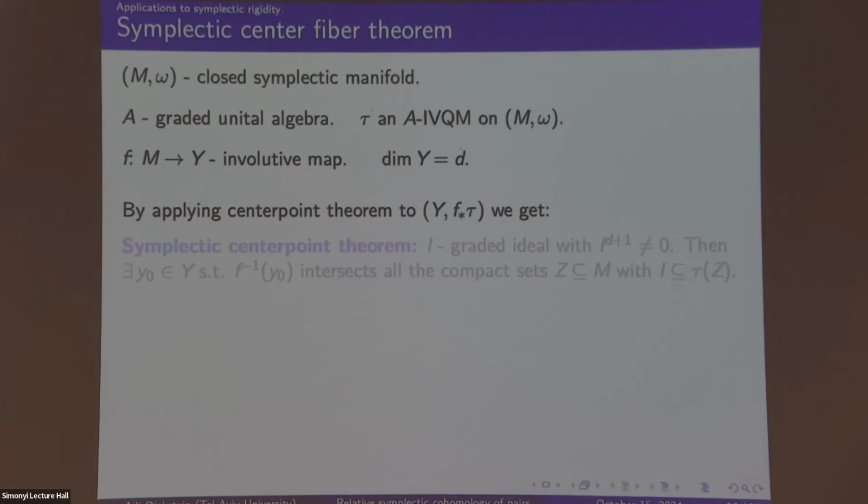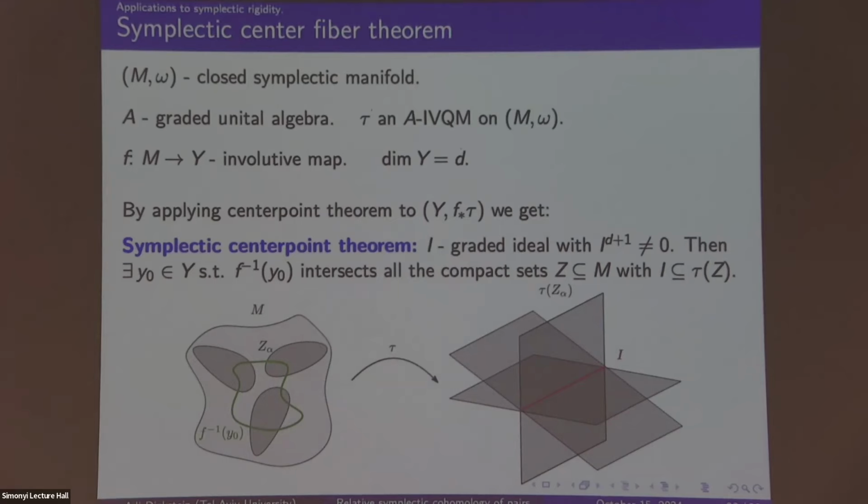So this is an IVM, and the conclusion will be that given an ideal I such that its d plus first power is not zero, then F has a fiber that intersects all the subsets with the property that I is contained in their measure.